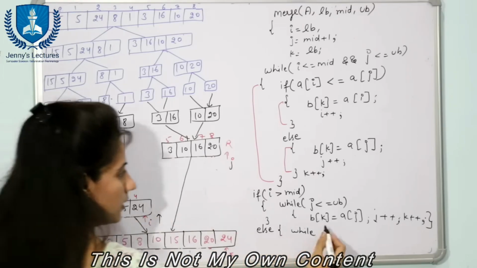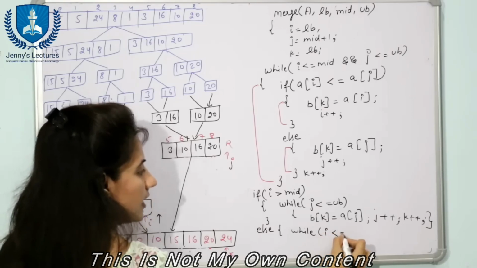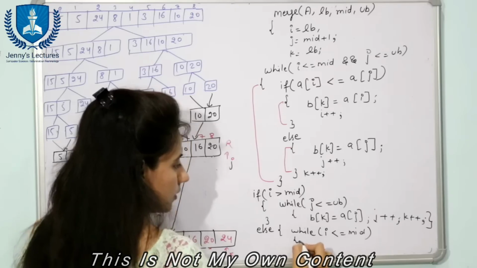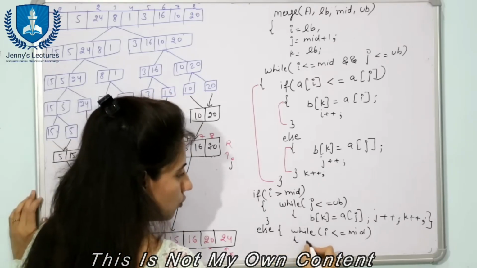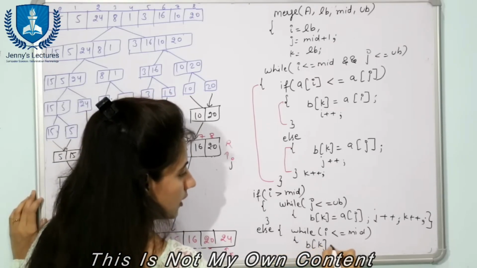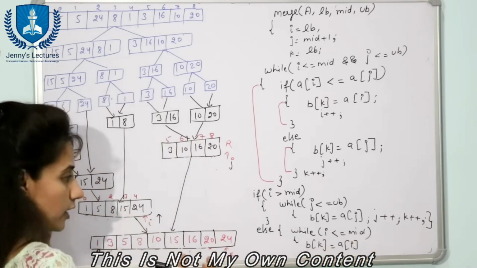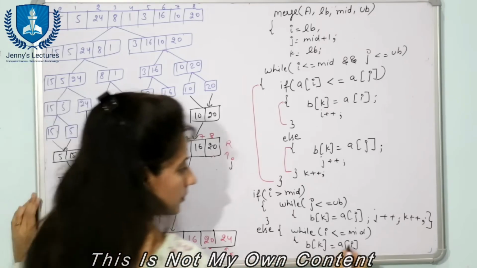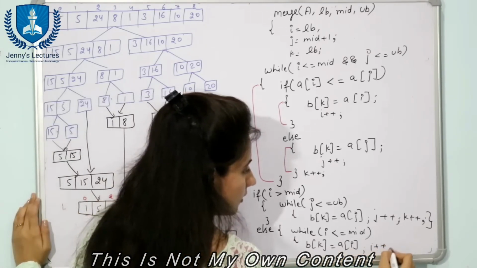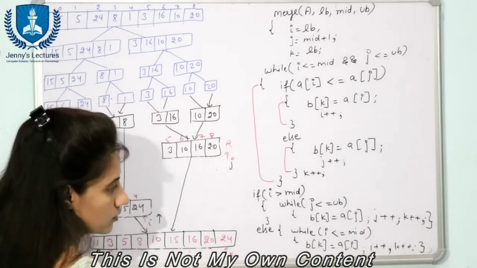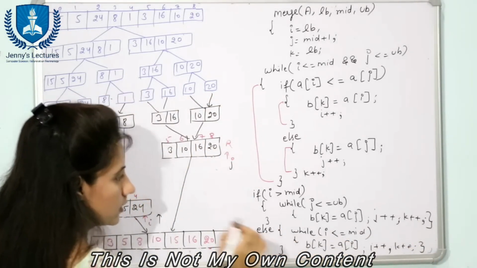So you will check while i less than or equal to mid. In that case, in b of k you will put a of i. You will copy all the values here only. Fine. And you will do i plus plus and k plus plus. This is the ending of this while loop and this is the ending of this else.